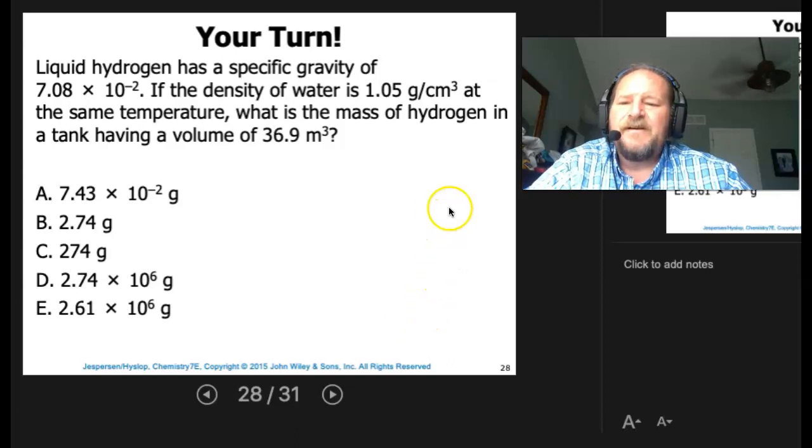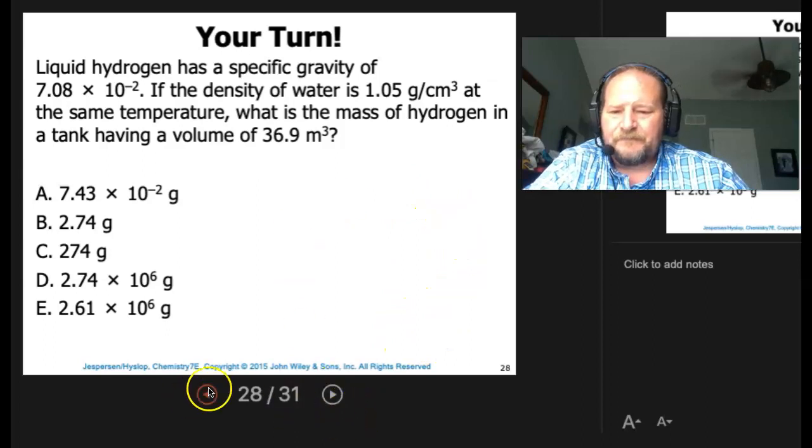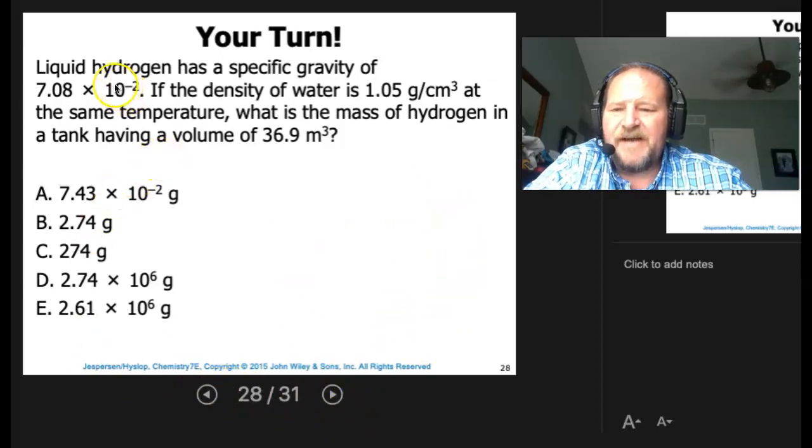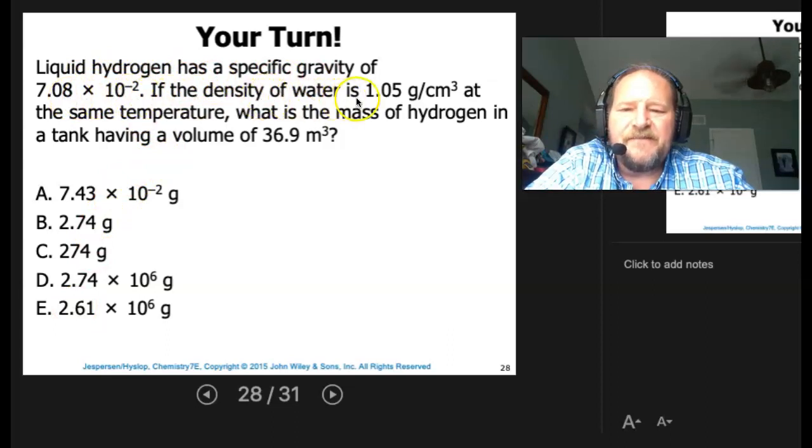All right, so hopefully, if we take our time and look at this, we have liquid hydrogen has a specific gravity of this. If the density of water is that at the same temperature, what is the mass of hydrogen in a tank having a volume of that? So we know we have the density of water is this, the specific gravity is that, right?